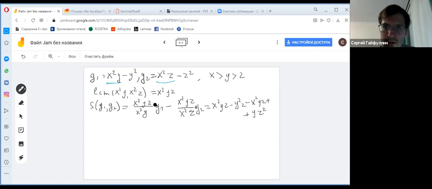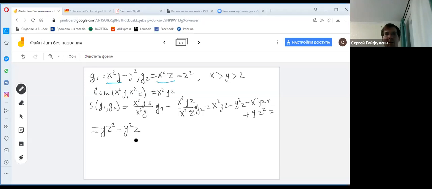Okay. This is not 0, because here is minus y squared z and plus y z squared. So it is equal to y z squared minus y squared z.